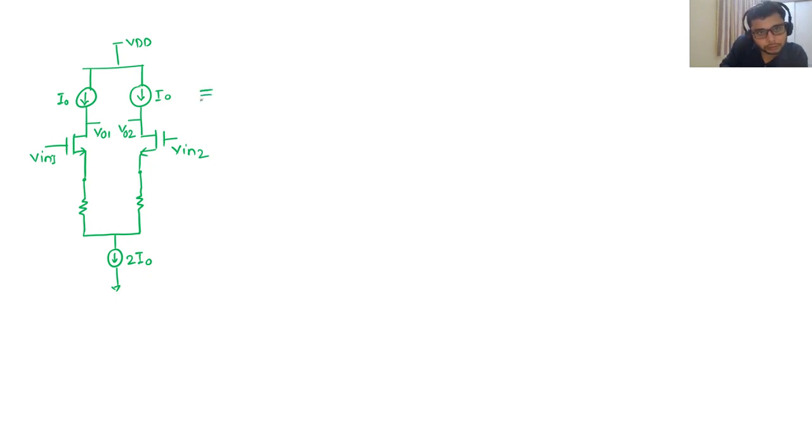Now the current sources are practical, or I'll say they are implemented by PMOS. Here we are using some P bias. I'm not telling here how to generate this P bias, but we are using it as a biasing voltage. So this is external biasing.